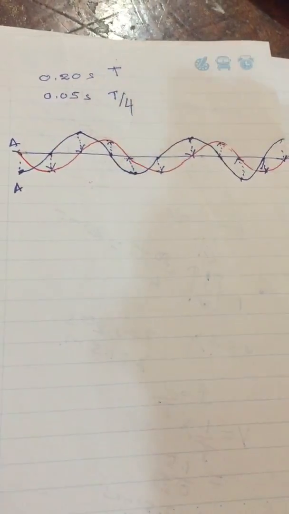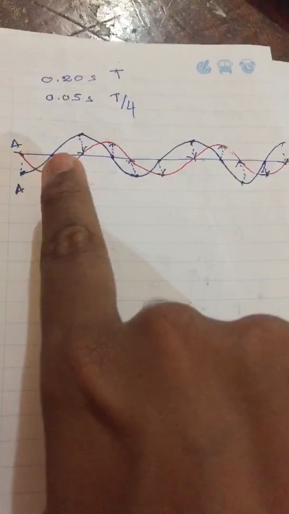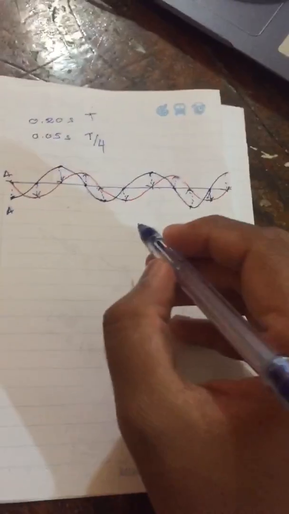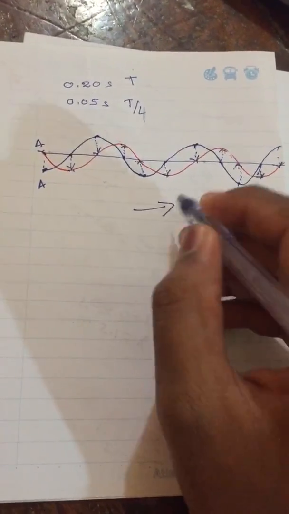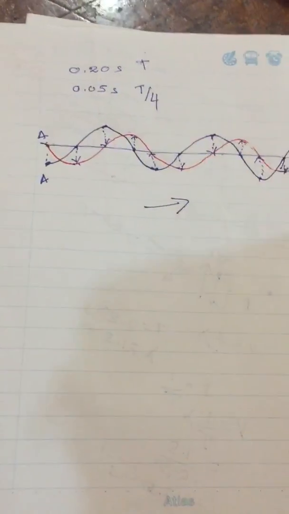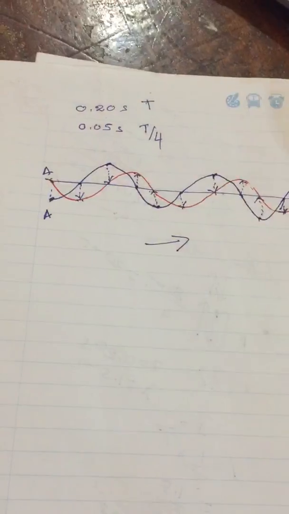So the idea is you have to imagine the wave is moving to the right. It's like you are literally dragging that blue line to the right.